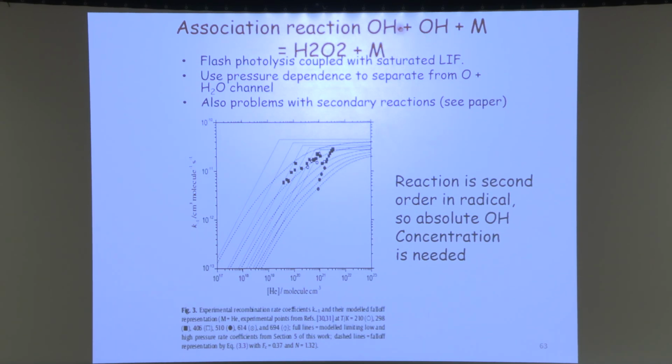For example, this O can abstract this H and make water plus O atom. And so you have a complicated experiment because you have quite a few things happening at the same time. And so it's not so clear. And again, this is one of these ones where you need an absolute concentration measurement because you're having radical, so it's quite difficult experiment.